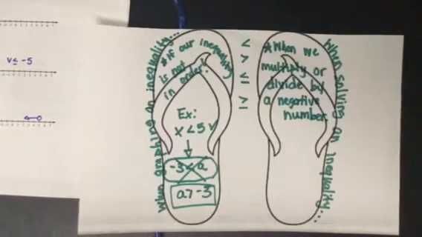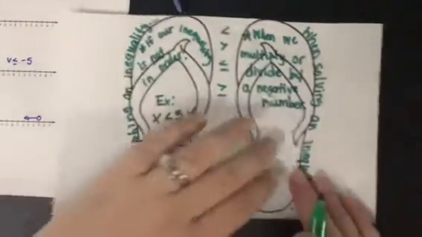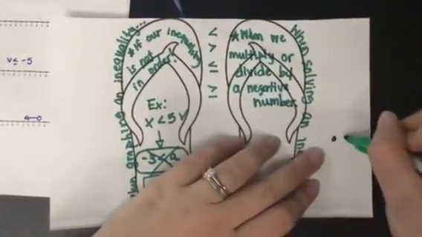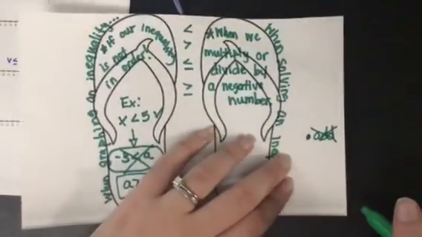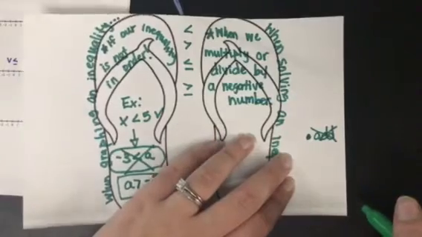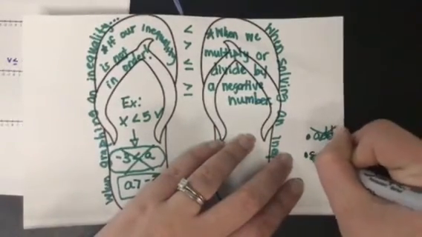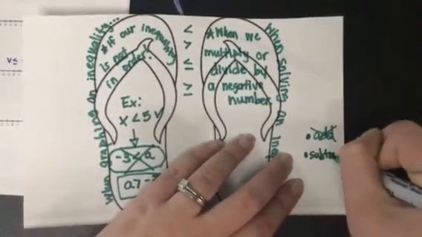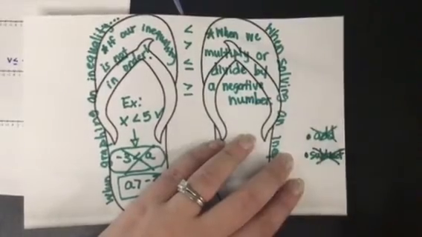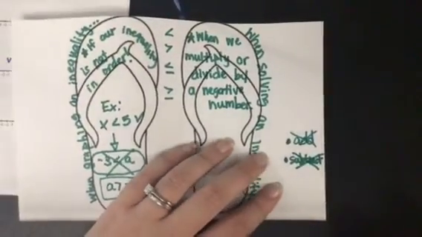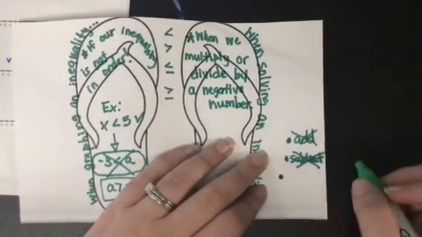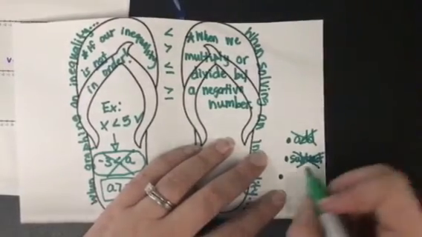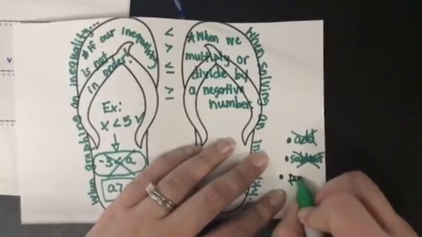So I'm going to give you some examples of when we don't flip-flop. We'll put them out here. We don't flip-flop when we're adding. So if you are adding, you're not going to flip-flop. We don't flip-flop when we're subtracting. We don't flip-flop with positive numbers.